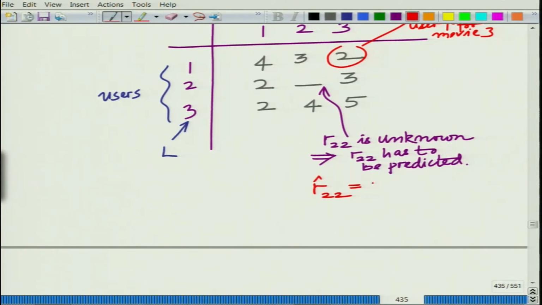So, this is the estimate, and we want to ask the question, what is R22 hat, what is the best possible estimate R22 hat of R22, which is the rating user 2 would probably give to movie 2, had he watched movie 2, based on, and look at this, very interesting, the ratings that user 2 has given to other movies and also based on what other users have rated similar movies and so on.